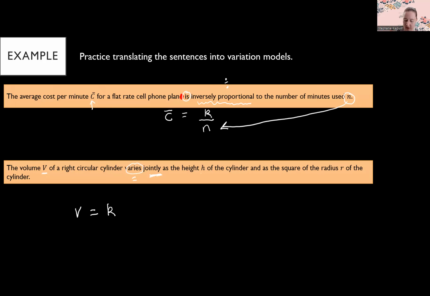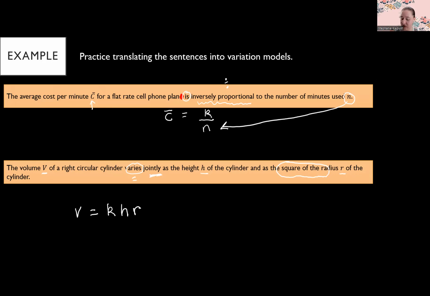So we've got our next variable H. I'm multiplying it by H of the cylinder, and then you look for your next variable, and as the square of the radius R. So I've got my next variable R. But we do have to read the sentence. It says the square of the radius.